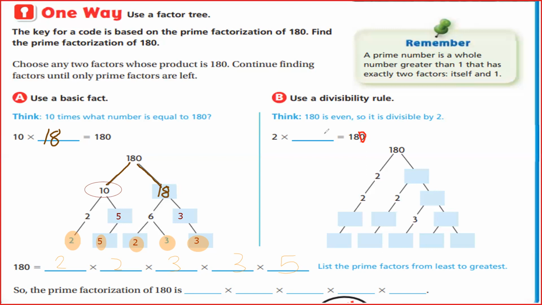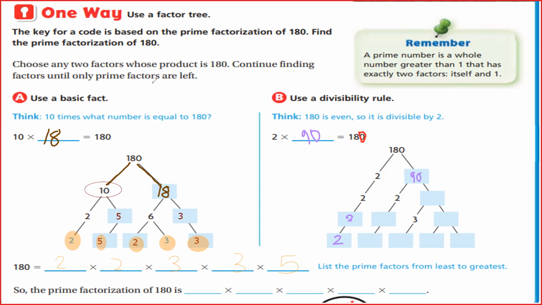So what is the number that you multiply by 2 to get 180? It's 90. So here you have to write 90, and here 2. Then here they continue with 2 until the end of the tree.